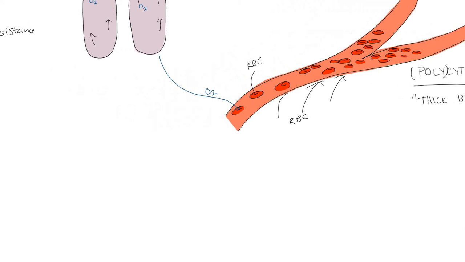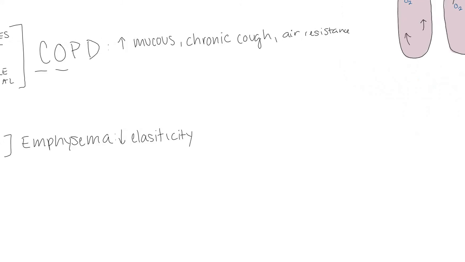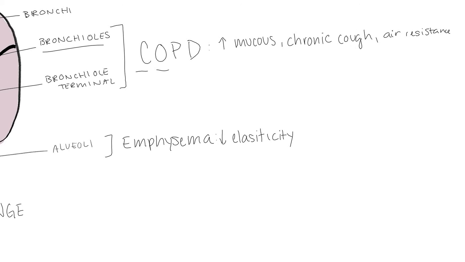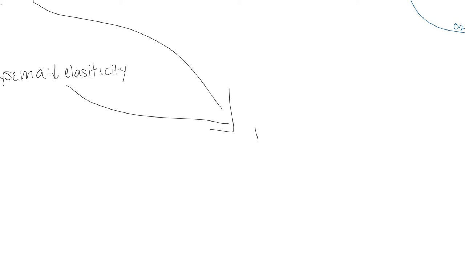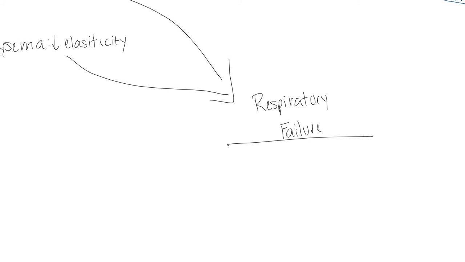So with both of these conditions, COPD and emphysema, you are going to run the risk of total respiratory failure, which is extremely dangerous. Obviously, our respiratory system is kind of what gives us the drive to be able to function. And you're going to see a really high respiratory rate.